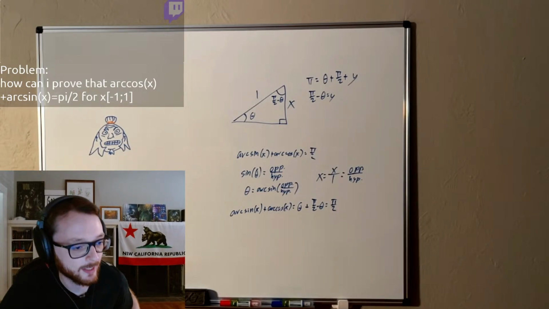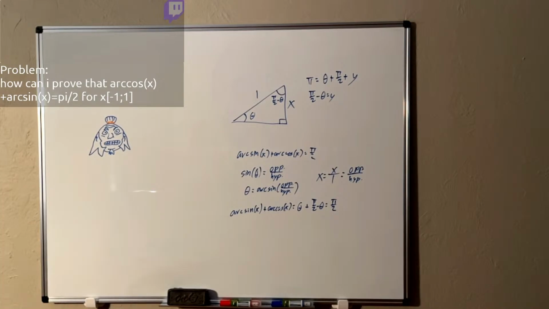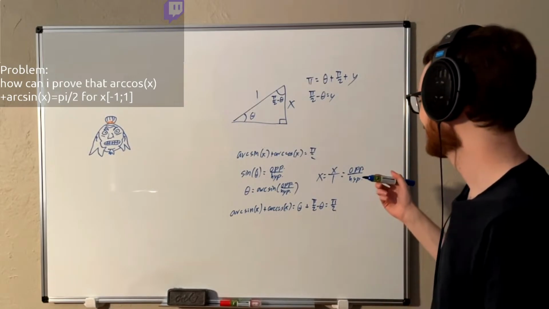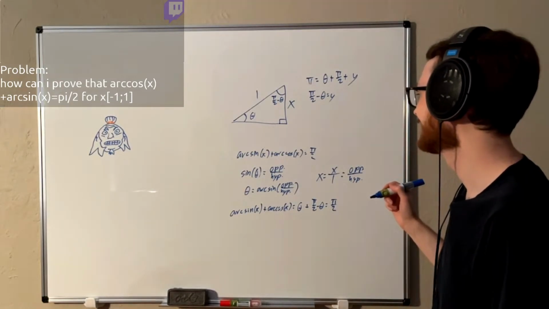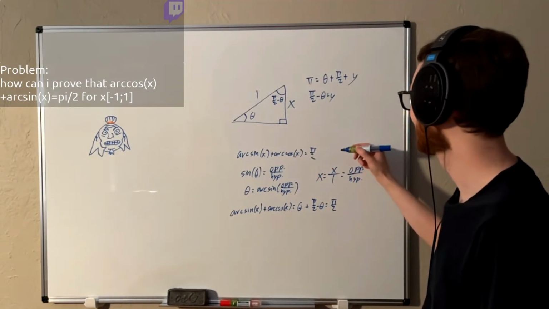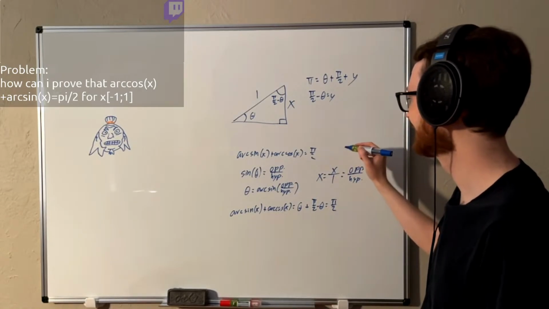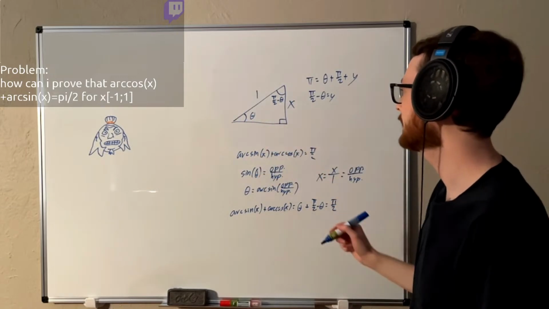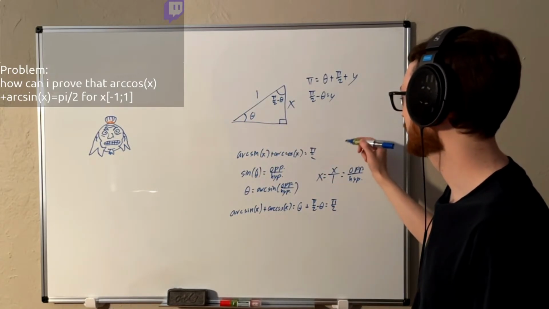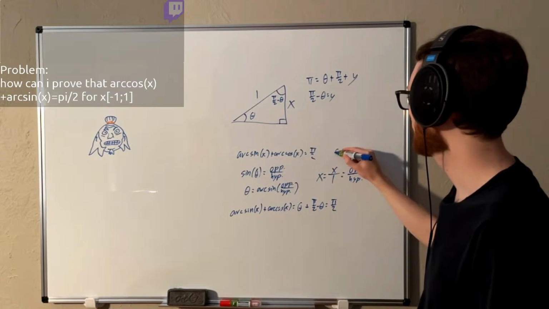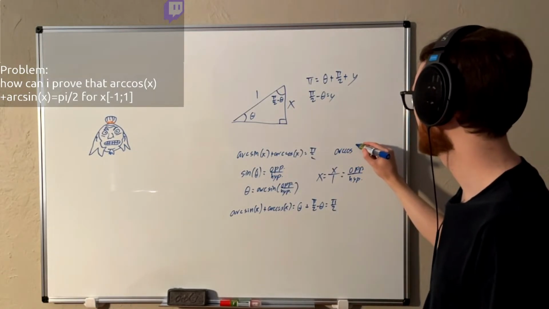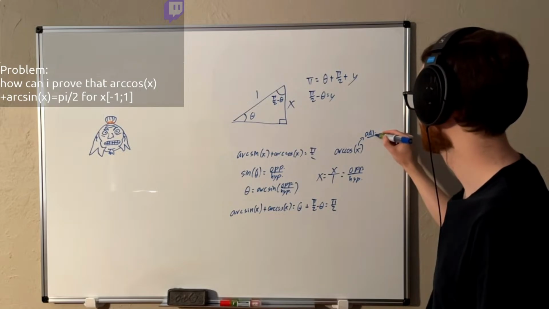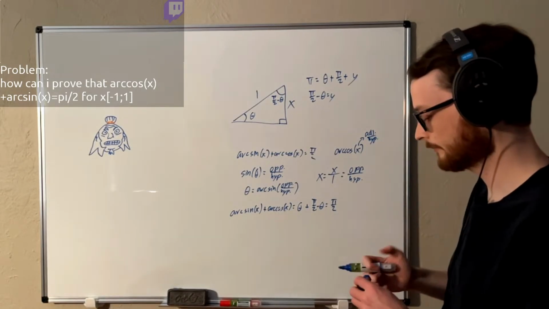Okay, yeah, and the only thing I want to add here, because I'm thinking about it still, is that by the same argument we made here about why that's x and that's 1 from the arcsine, we know that arc cosine of x implies that x is adjacent over hypotenuse.